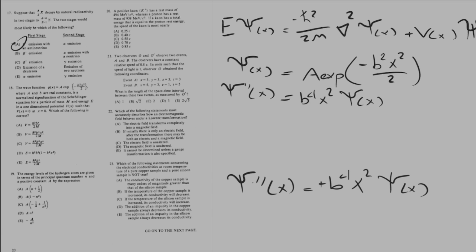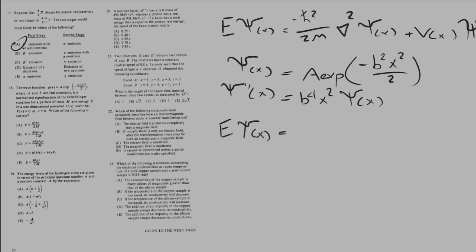All right. Now I have to plug that into the Schrodinger equation. So I have E psi of x equals minus h bar squared over 2m b to the 4th x squared psi of x plus V of x psi of x.